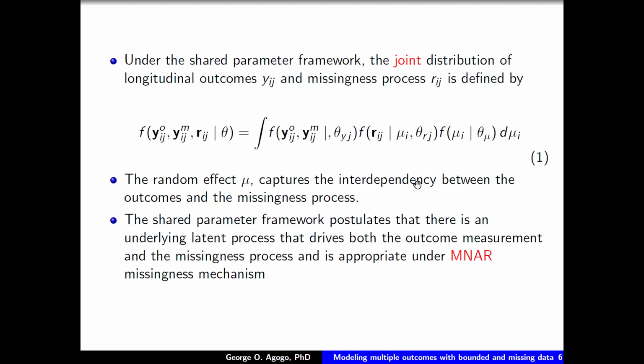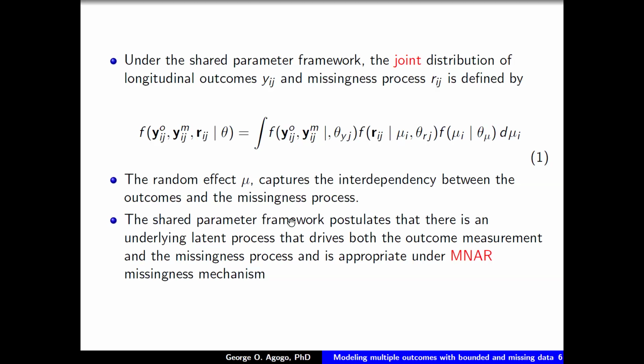It captures the interdependency or correlation between the outcomes, in our case cognitive function as measured by MMSE, functional disability as measured by ADL disability, and the missingness process. The missingness process is captured by the second component of the density function, the function of R_ij, where we model the missingness pattern explicitly.